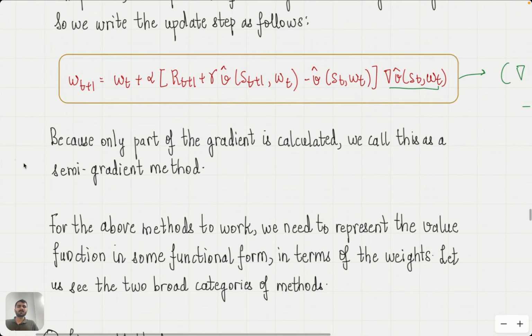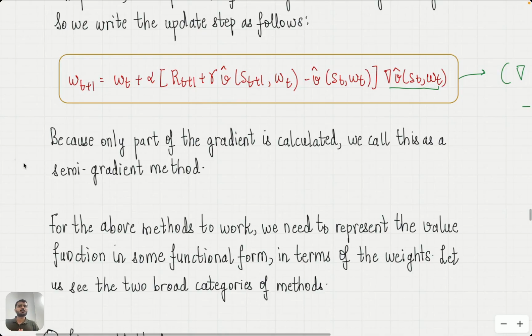Now, for the above methods to work, what we saw was that we have to find an approximate value function which matches the true value function. Firstly, we calculated our loss function that we want to minimize, and secondly we used the gradient descent method to minimize this loss and update our weight parameters accordingly.